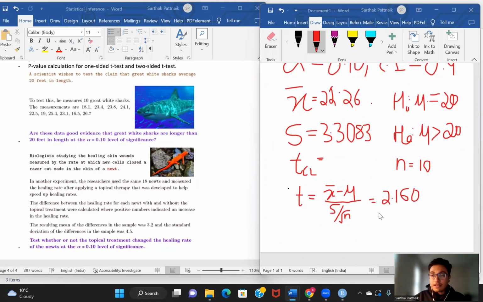Again, a concept discussed in great detail when we discuss the Z test, but let me briefly explain. This is my t curve, and this is one-sided, and I have to calculate it at 0.9. This is going to be my t critical, and the area towards the left is going to be 0.9.